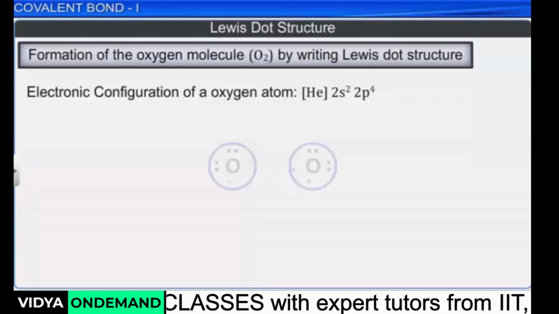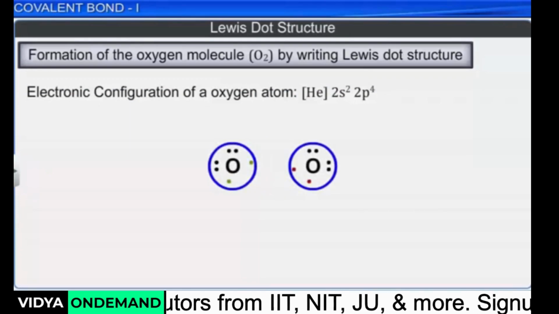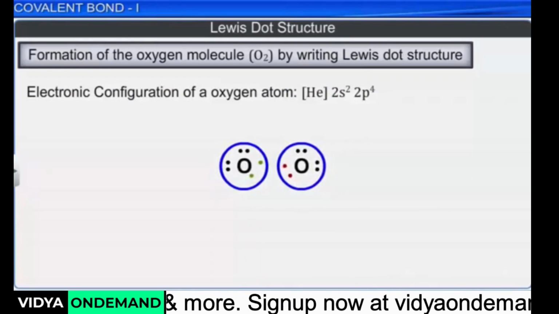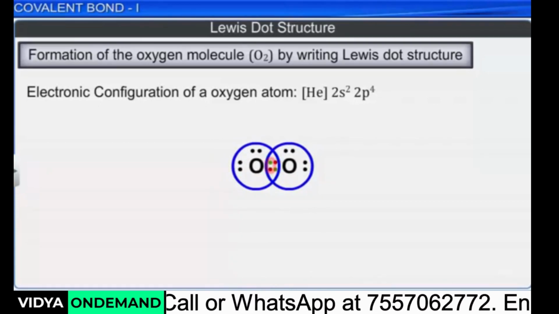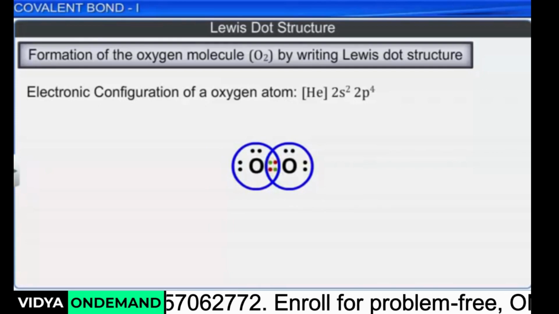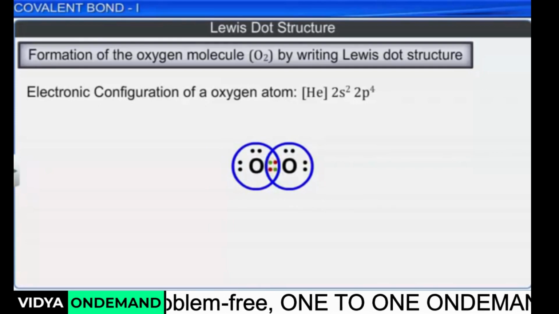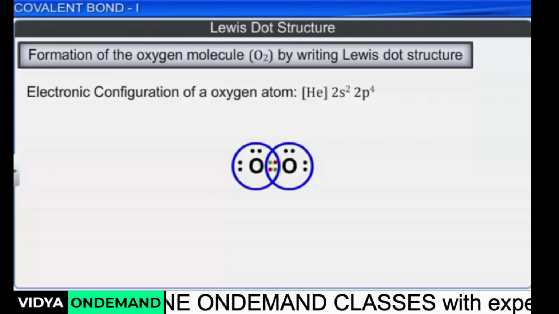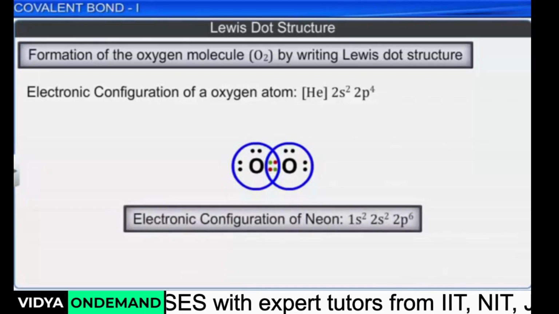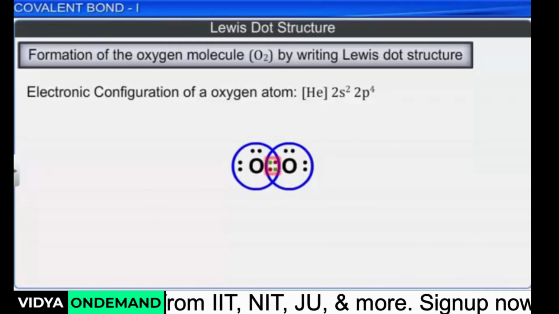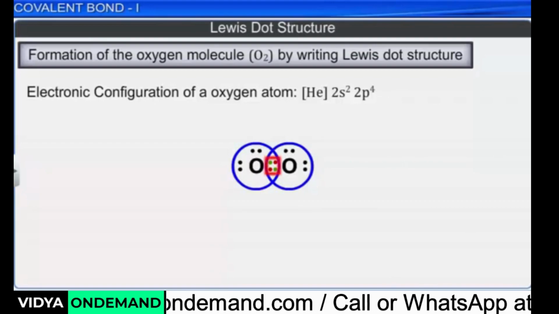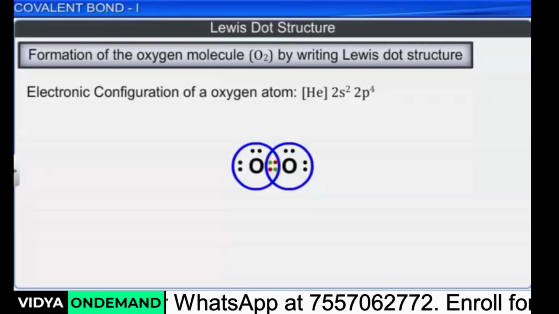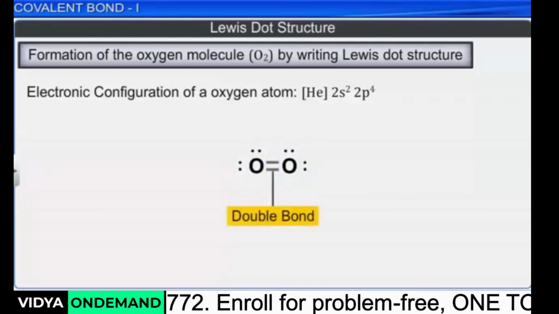When 2 oxygen atoms approach each other, each oxygen atom contributes 2 electrons for sharing. Both the oxygen atoms mutually share these 2 electron pairs and attain the nearest octet configuration of neon. As the 4 electrons in 2 electron pairs are shared between 2 oxygen atoms, the 2 oxygen atoms are said to combine by a double bond in the oxygen molecule.